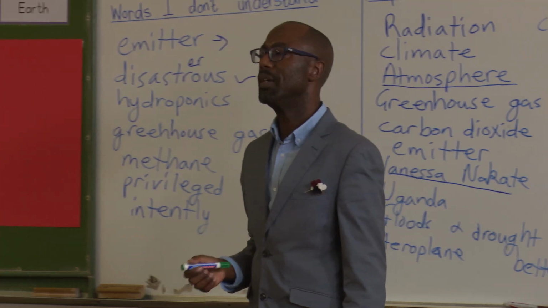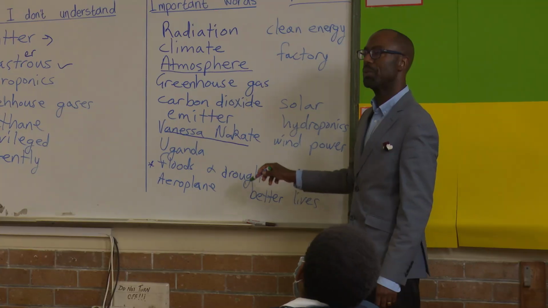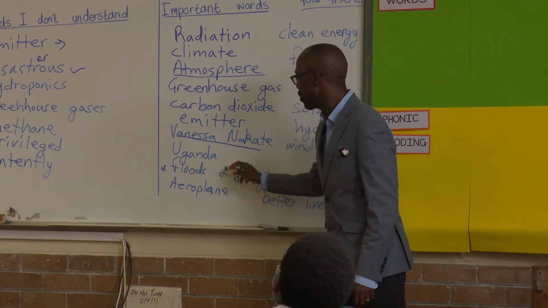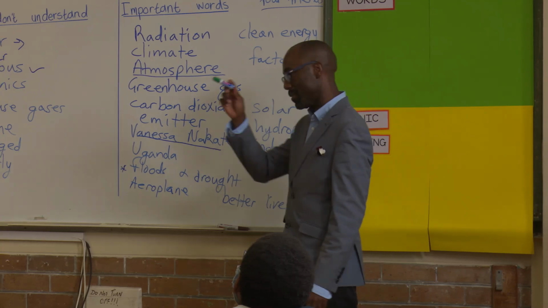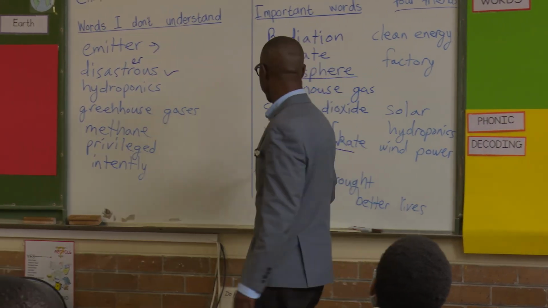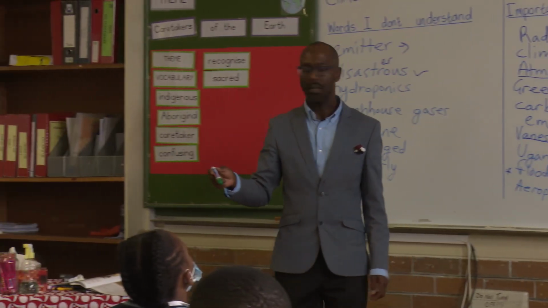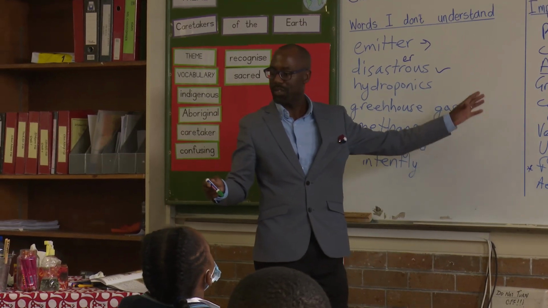Sabrina? So I think the bad effects of climate change in Uganda are the floods and droughts, and I think that's what Vanessa Nakate was talking about. Okay, good, well done. I think we're going to read about that and see whether that is true to the story. Okay, any other opinion based on these words that we have here?